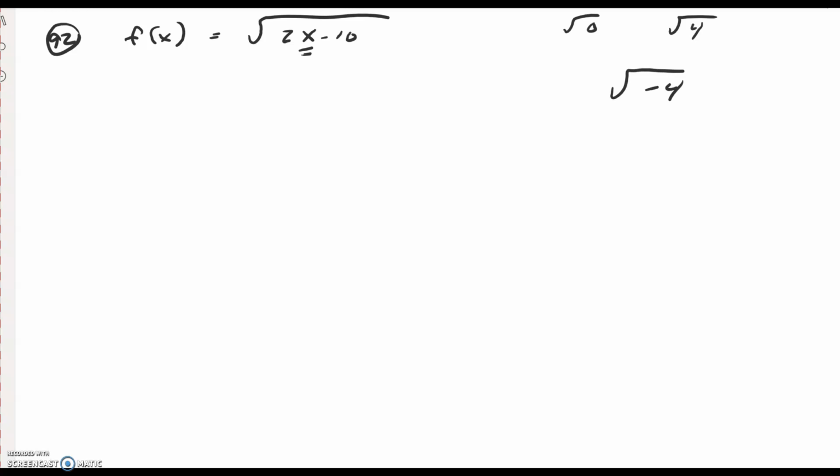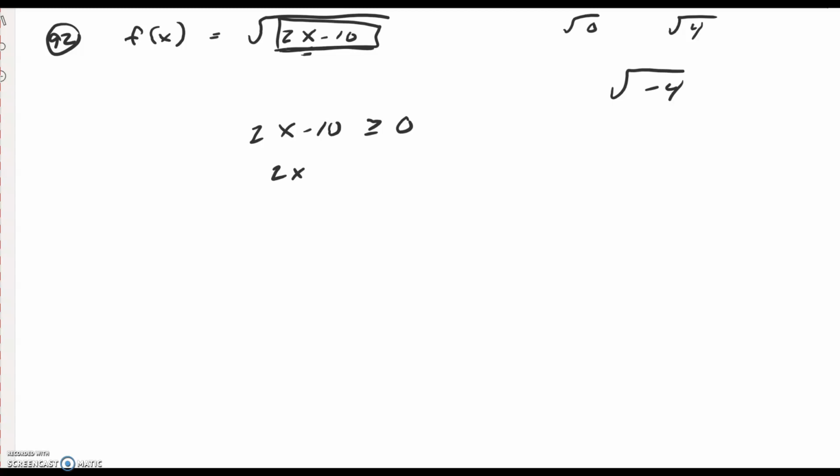And so 2x minus 10, the amount that lives inside the square root, has to be greater than or equal to 0 for us to know what to do, because we can't take the square root of something that's less than 0.